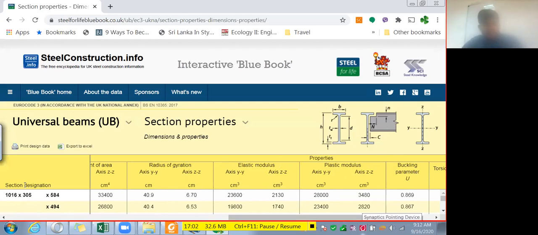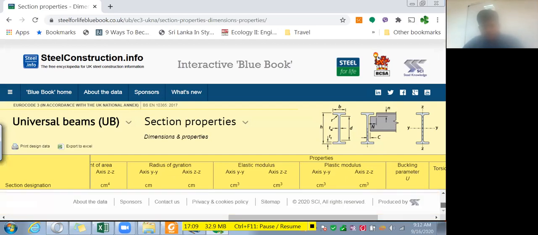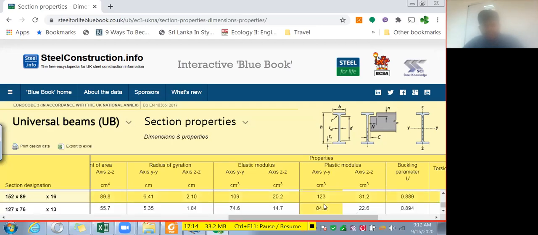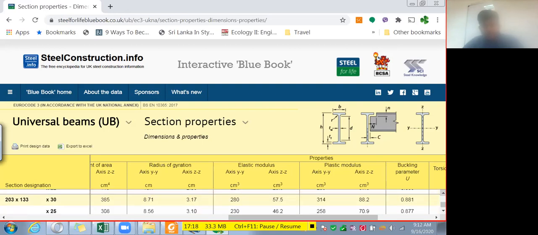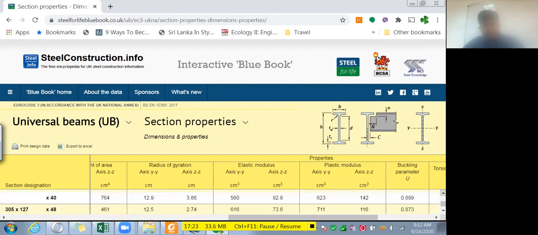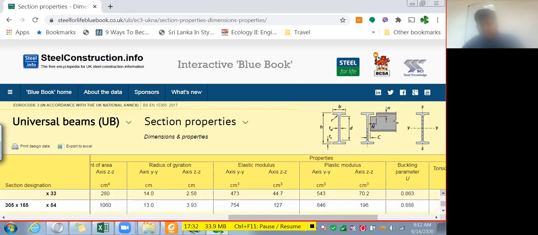So here you can see the dimensions, and then let's go down. Okay, let's go to the bottom. So here we are getting 123 centimeter cube. So we need 720. Let's keep going up. Here there's one at 720, but we will prefer something greater than 720. So 846 is one option.